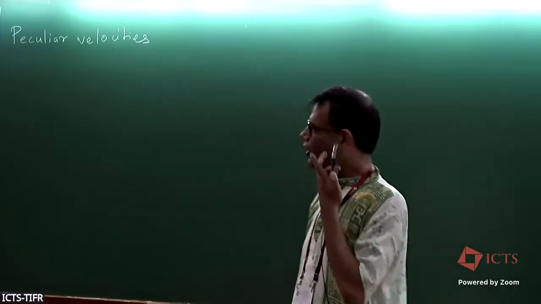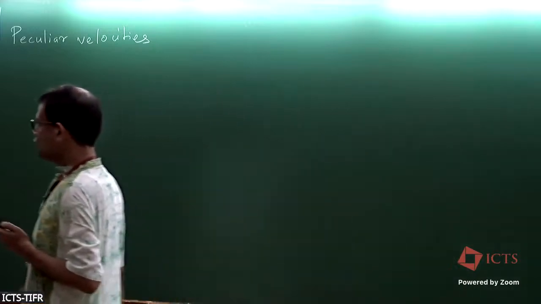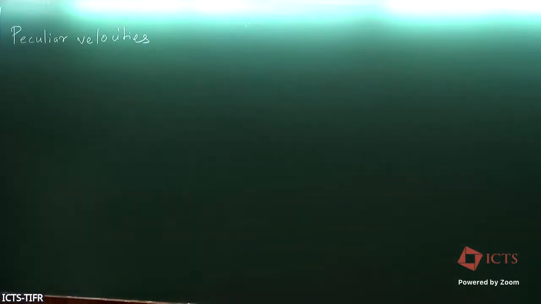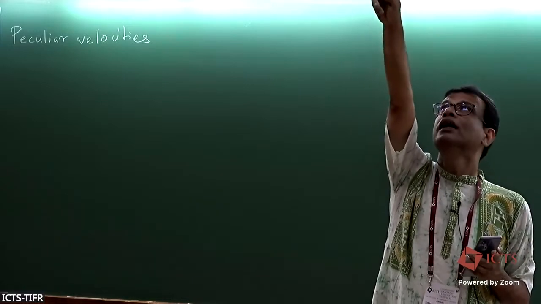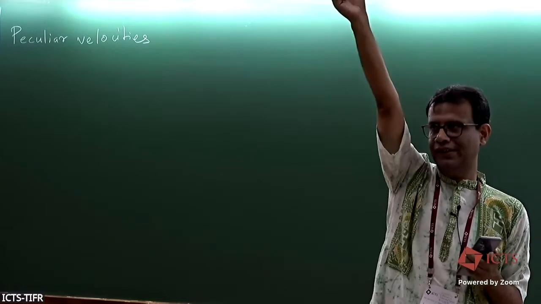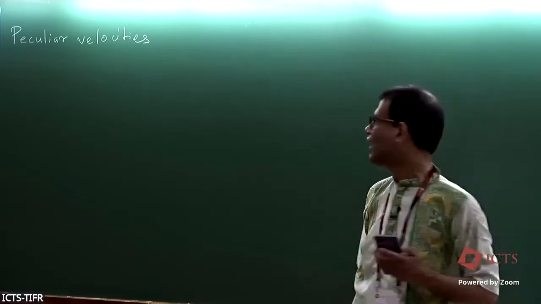Now, how do they do that? Essentially, suppose you want to measure the correlation function. You want to measure distance along the transverse direction, that is basically on the plane of the sky.